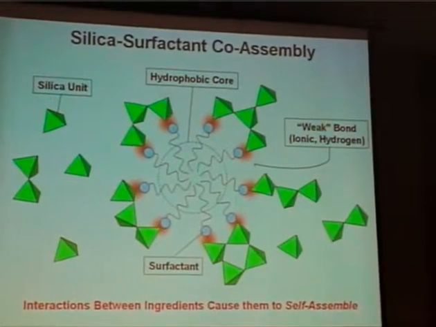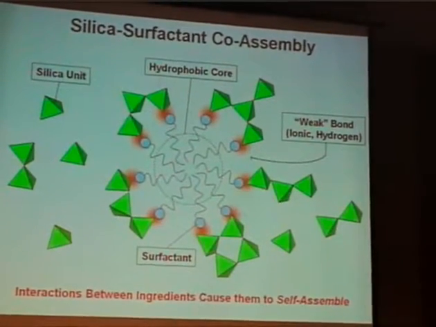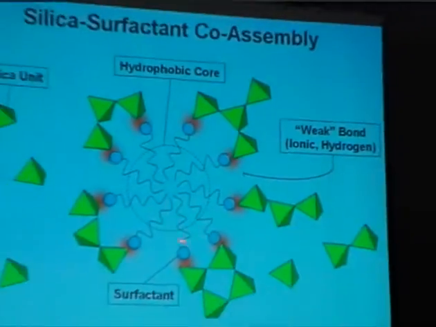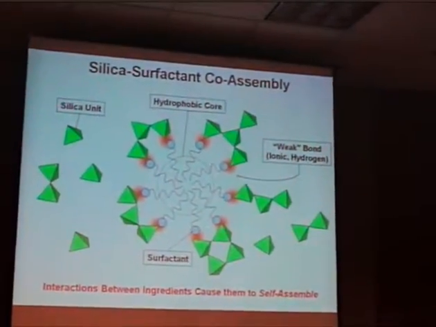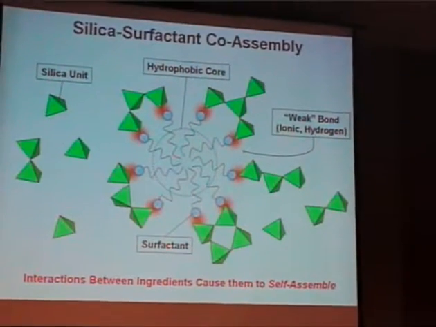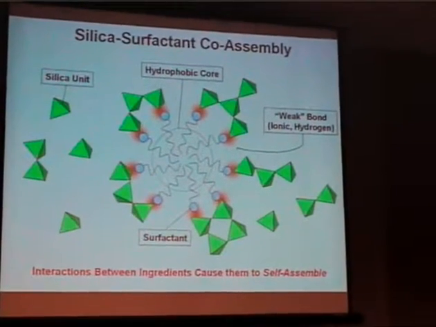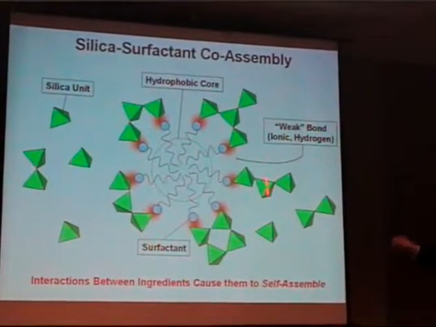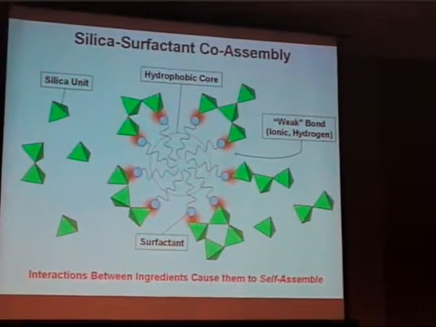The idea is that the silica units, or you can use other transition metal precursors, but if you're using silica, which is what I'm going to talk about, these little tetrahedra represent individual monomers that link together to make the network. So there has to be some interaction between the head groups and the silica, and then as the silica network grows, if it's able to co-assemble with the surfactant, you can end up making this ordered porous structure, even though the walls themselves may just make some kind of disordered amorphous material.